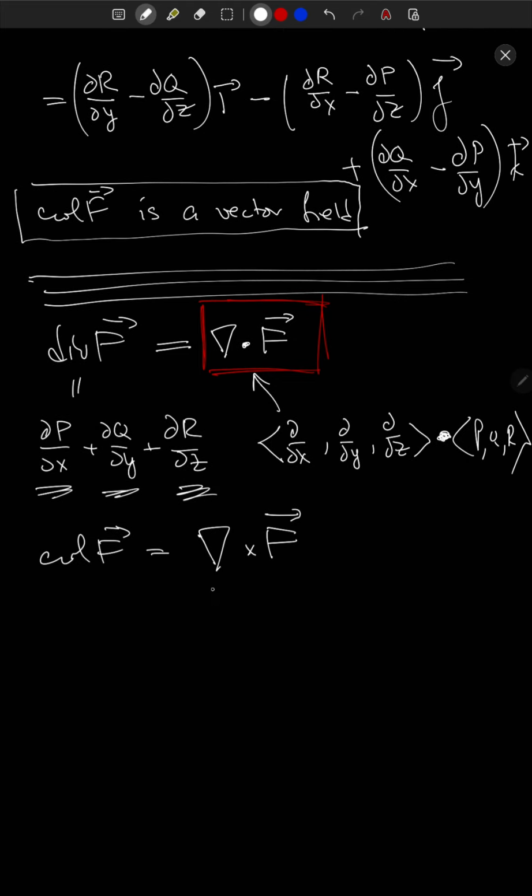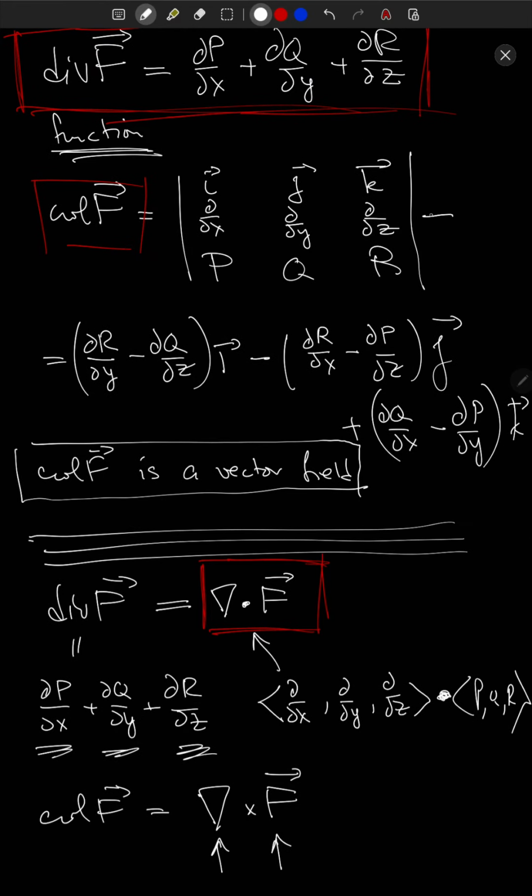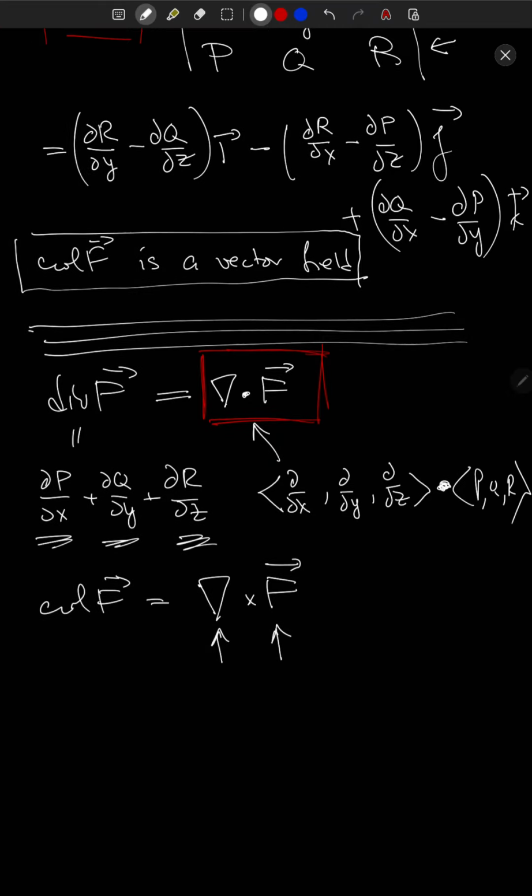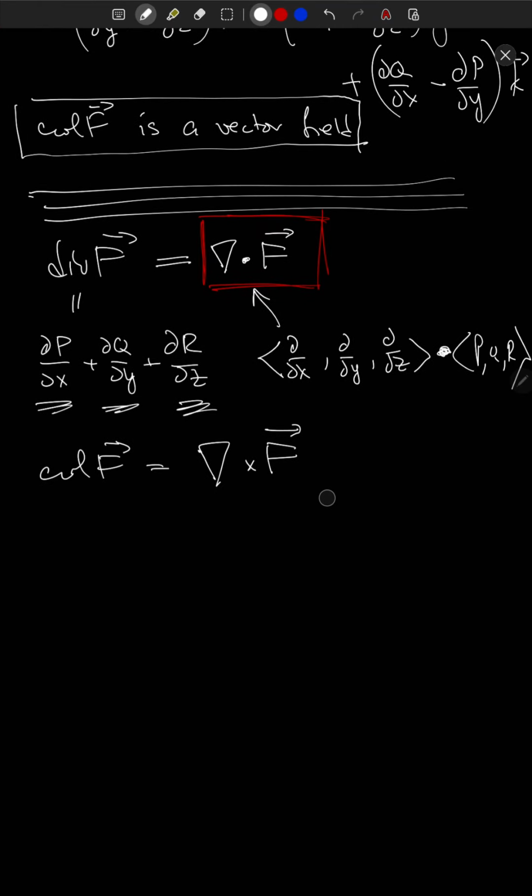So again, when you have something A cross B, usually you write A in the second row, B in the third row, and that's what we're doing here. So this del cross f is super common, and again, especially common in physics classes. So you should definitely make sure you're okay with this notation. And again, it's really good because it helps you remember the formulas for these guys.